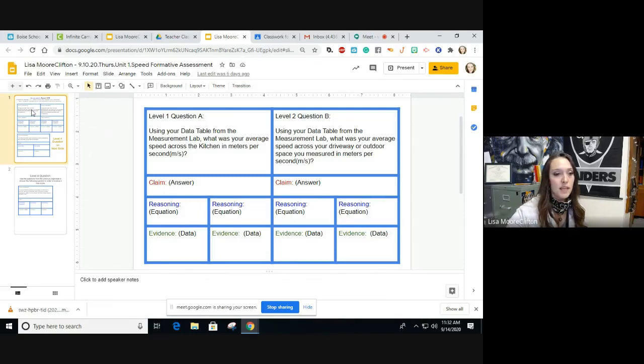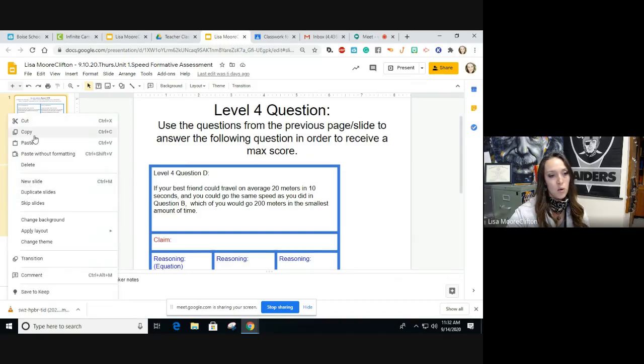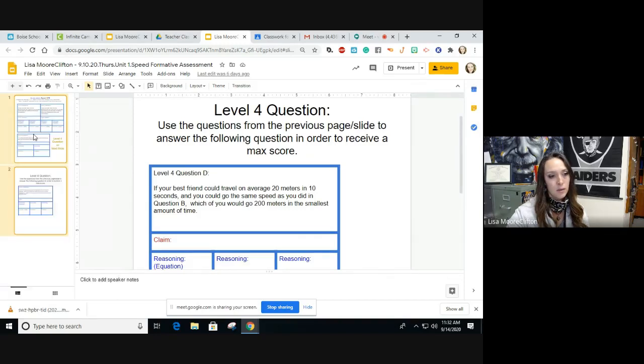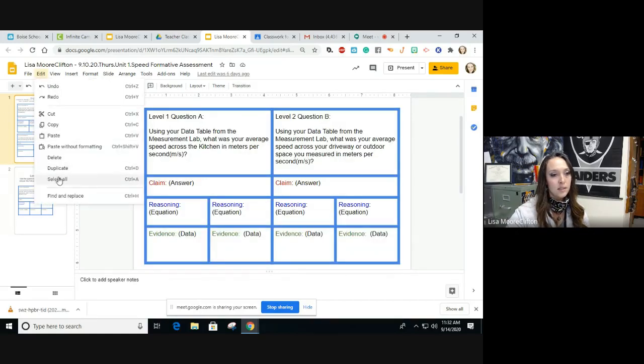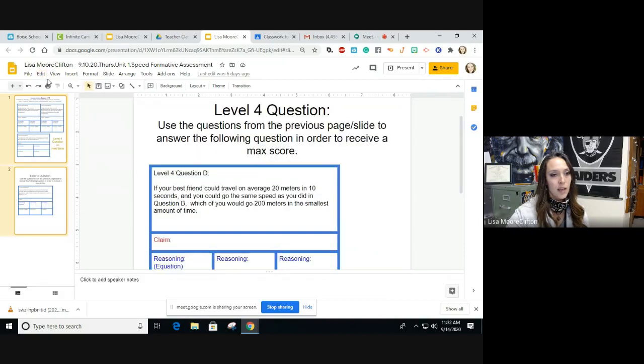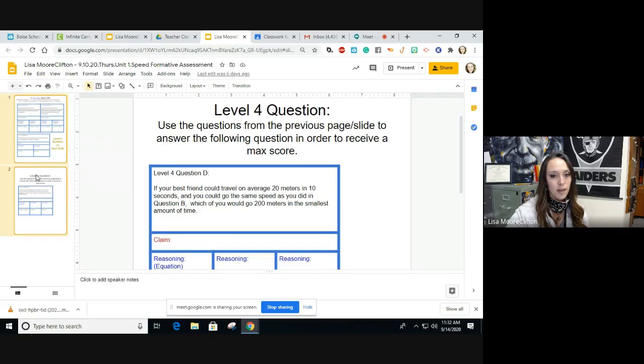All right, so I've taken these, and you can shift and select slide 2, and that will select both of them, and then you can right click and go copy, okay, or select the slide, edit, select all, and then edit, copy, okay?